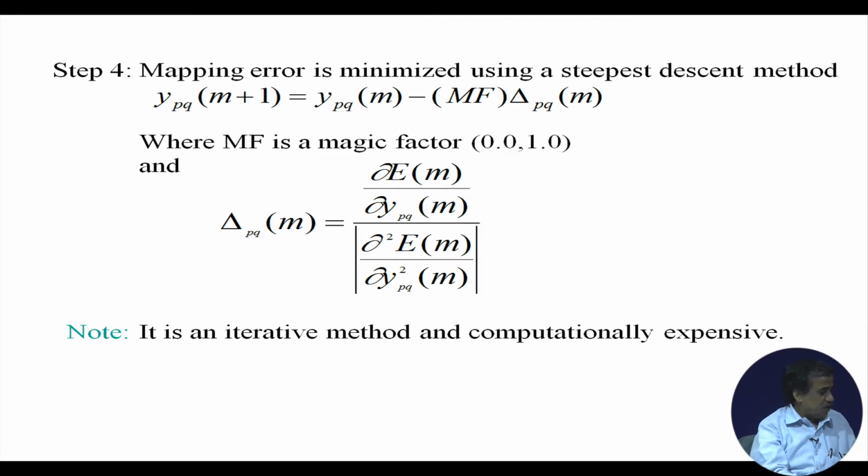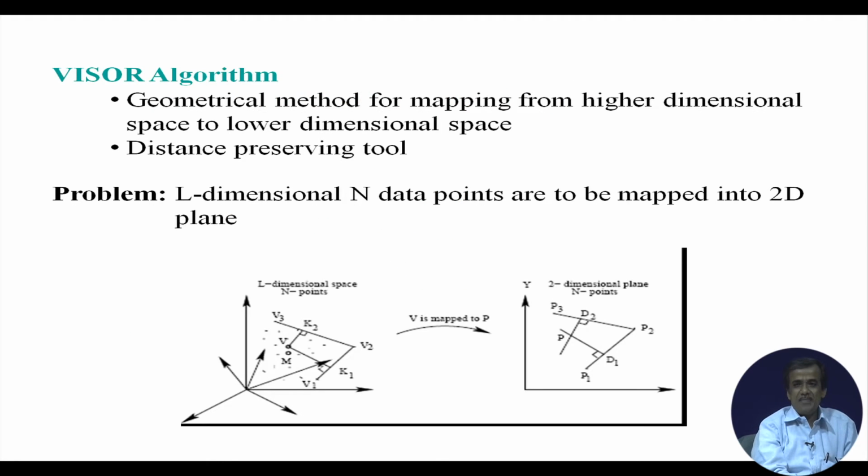And now, I am just going to discuss another method of mapping, that is also a nonlinear mapping, but here the error in mapping may not be so good. This mapping is done in only one iteration and it is very fast, within a fraction of a second. So, you will be getting this mapping from higher dimension to the lower dimension, but you may not get a very accurate mapping. Okay.